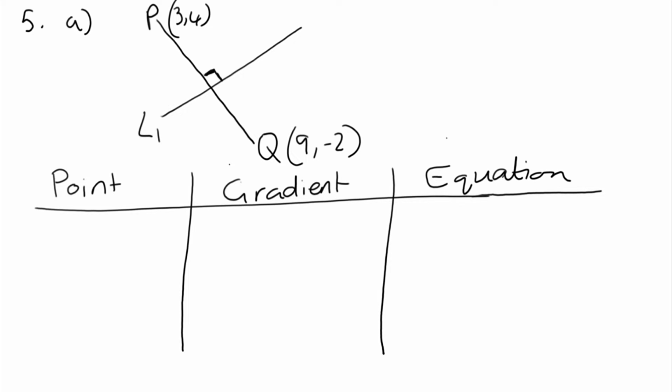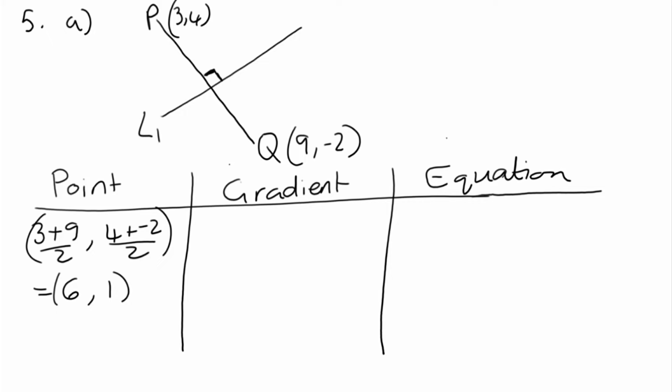Okay, so the point is the midpoint, so do 3 plus 9 all over 2 and 4 plus minus 2 all over 2. So that is 12 over 2, which is 6, and 2 over 2, which is 1. So that's our midpoint. For the gradient, just be careful to label x1, y1, x2, y2 so we don't make a mistake.